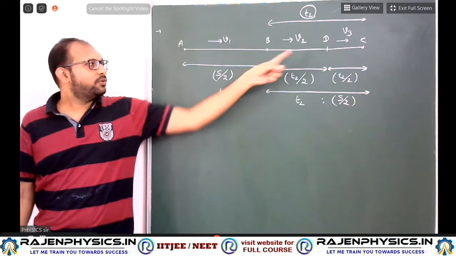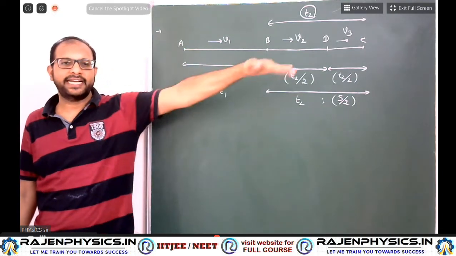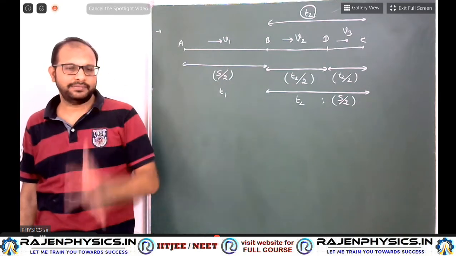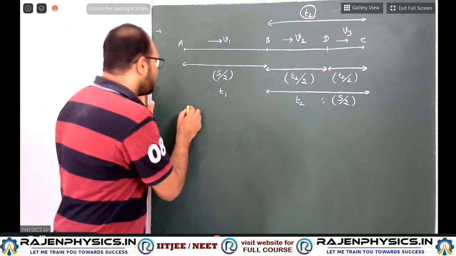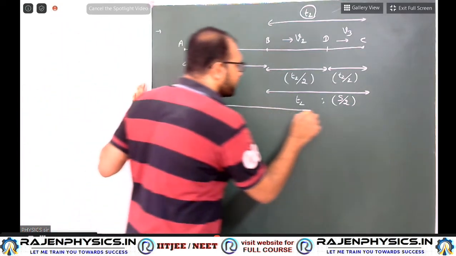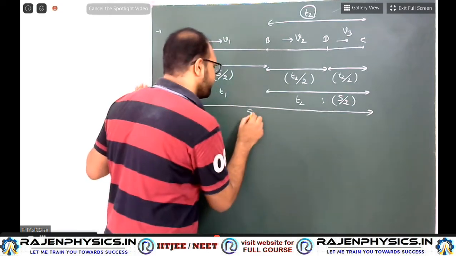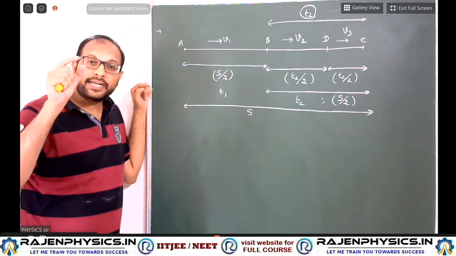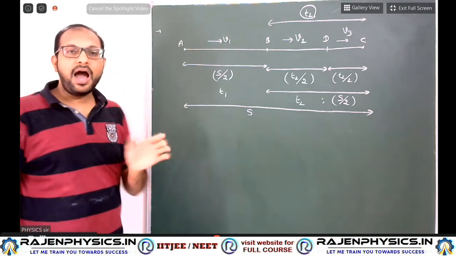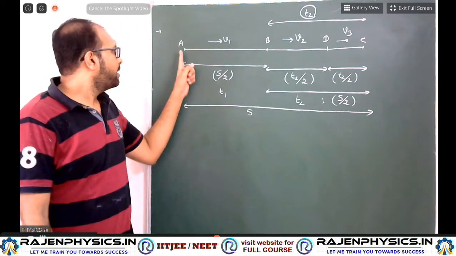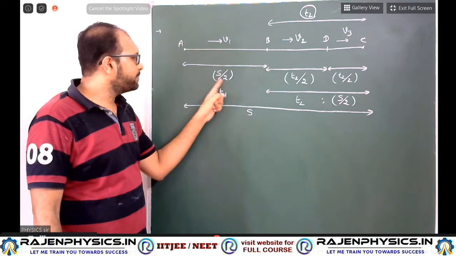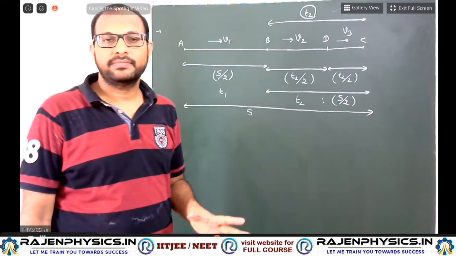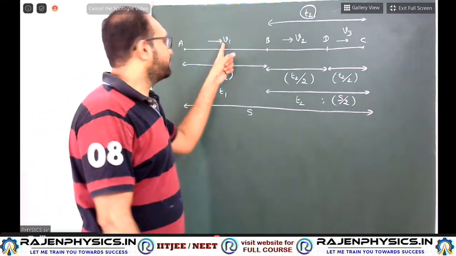Students, A to C is the total journey distance. The total distance from here to here is S. In that total distance, half of the distance, A to B, S by 2, is traveled with V1.